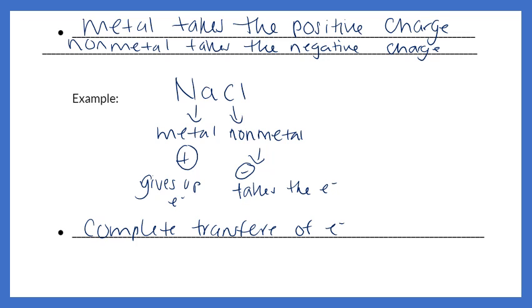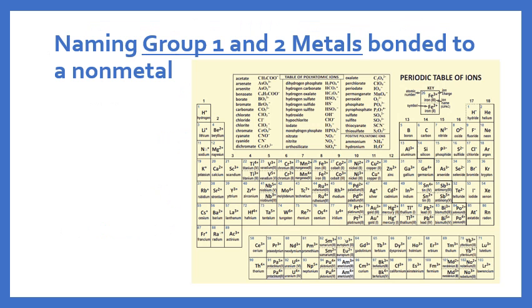So again, the metal takes a positive charge, the nonmetal takes a negative charge. The metal takes that positive charge because it gives up its electrons. The nonmetal takes a negative charge because it takes that electron. And so this is actually a complete transfer of electrons. So let's get into naming.